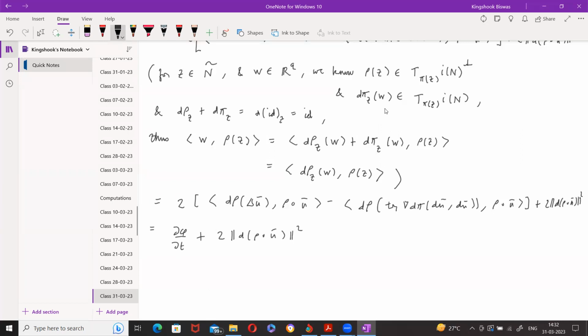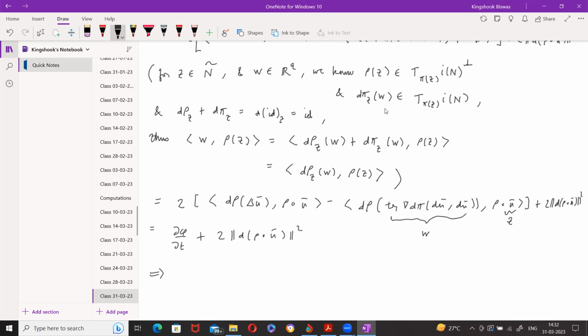Sir, in the previous line, can you please repeat how you got the second term? Just using what I just did right here. The inner product of w with ρ(z) is the same as the inner product of dρ of w with ρ(z). This whole thing is my w, my ū is this z.